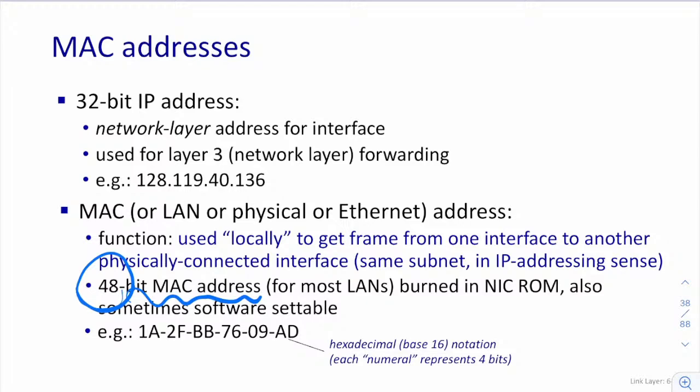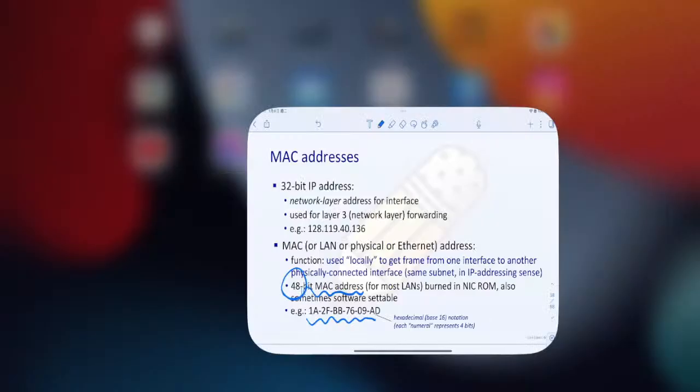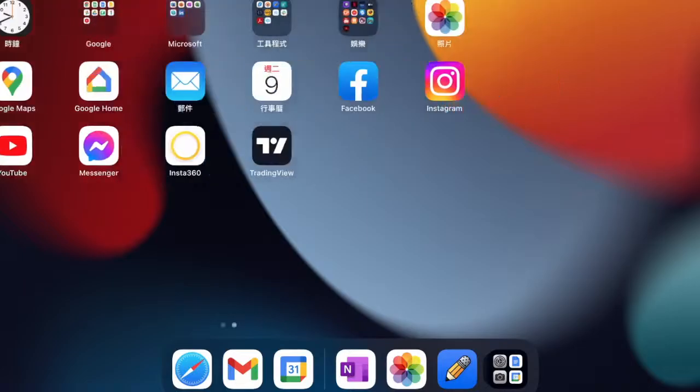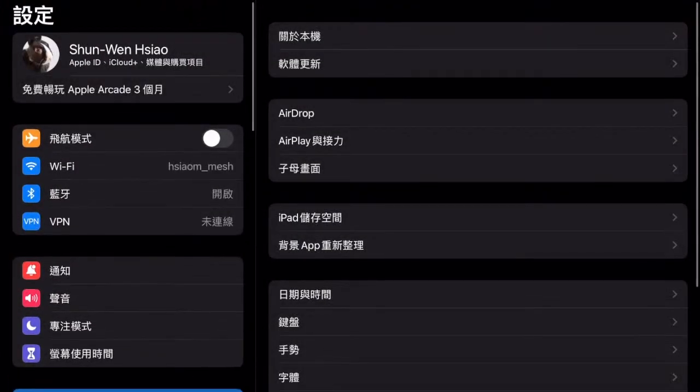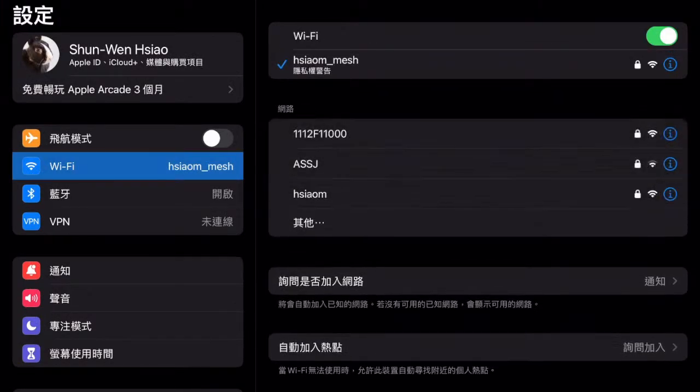Okay, so usually we write it in this way, something like we use hexadecimal to represent the 48-bit MAC address. For example, you can simply take a look at your notebook or your iPad.